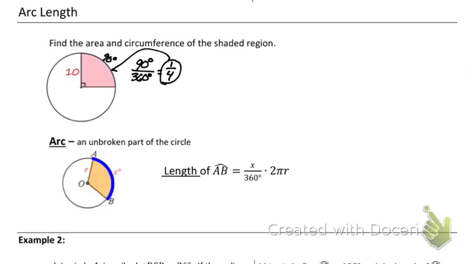So this section right here is 1/4 of our entire circle. Well, if I know that, can't I just get the total area and multiply it by 1/4? Get the total circumference and multiply it by 1/4? Does that make sense?